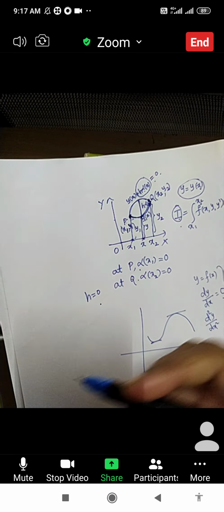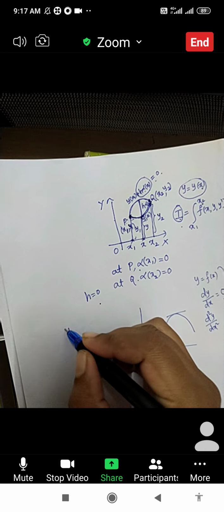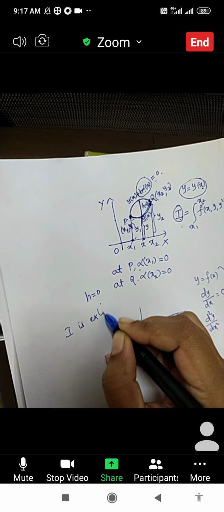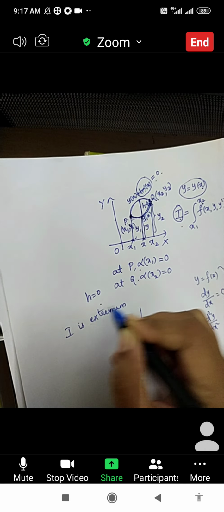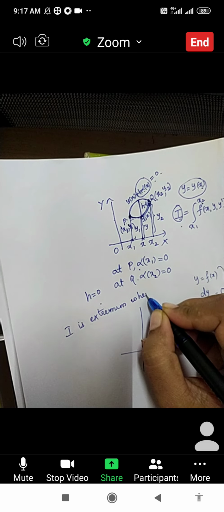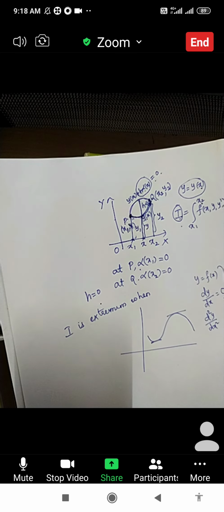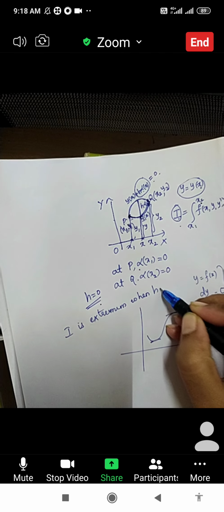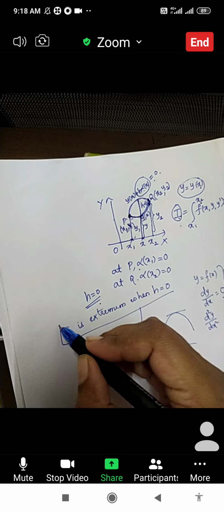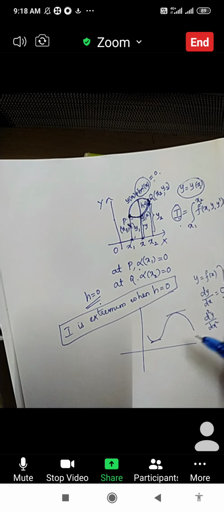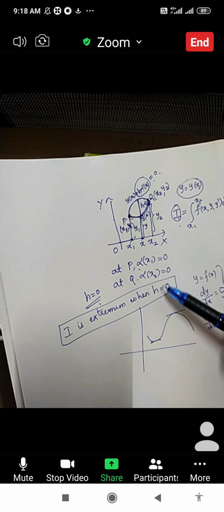So we conclude with all this that I is extremum, okay, when, what is the condition? h equal to 0. That means actually you are getting a critical point.